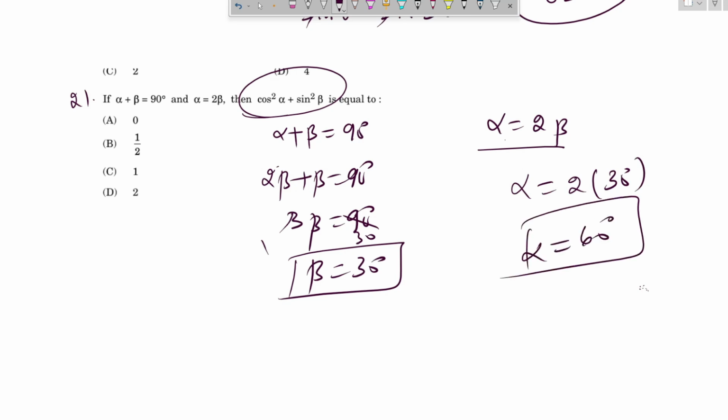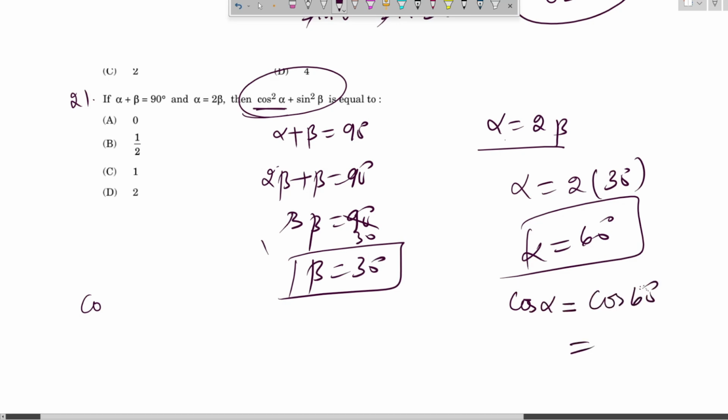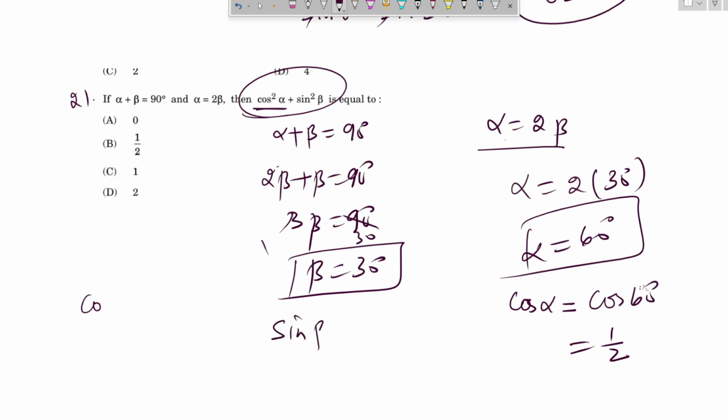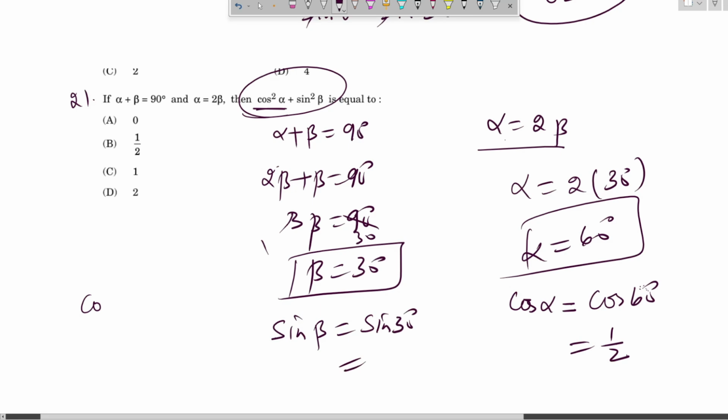Now here they ask us cos square alpha. So first let's find out what is cos alpha. Cos alpha means cos 60 degree, which is equal to 1 by 2. Similarly sin beta is equal to sin 30 degree equal to 1 by 2.